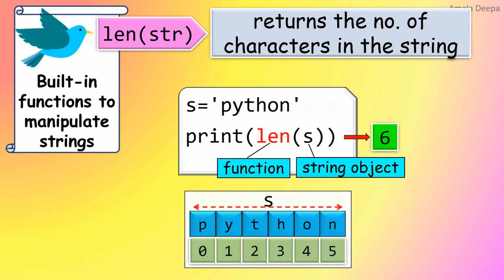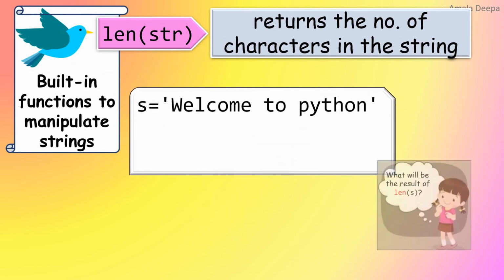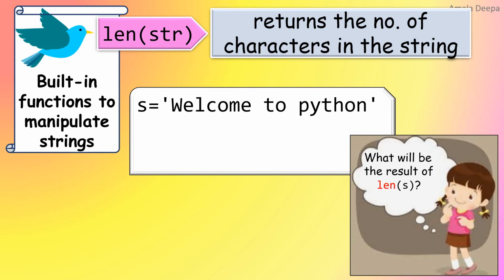Let us see another example. s is equal to welcome to Python. What will be the result of len of s? Since the len function returns the number of characters in the string, you have to just count the number of characters in s. 1, 2, 3, up to 17.